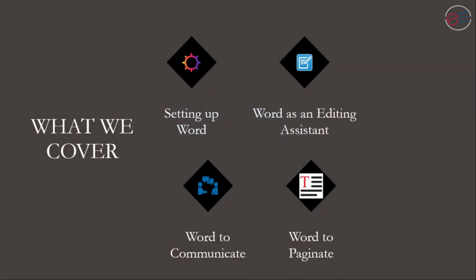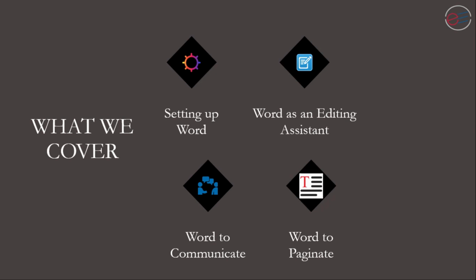So what are we going to cover in this introductory module? We are going to cover four important aspects. One is setting up Word, the general setup for Word, as well as setting up Word for individual projects. The second one is how Word can act as an editing assistant, helping us improve the quality and make editing faster.